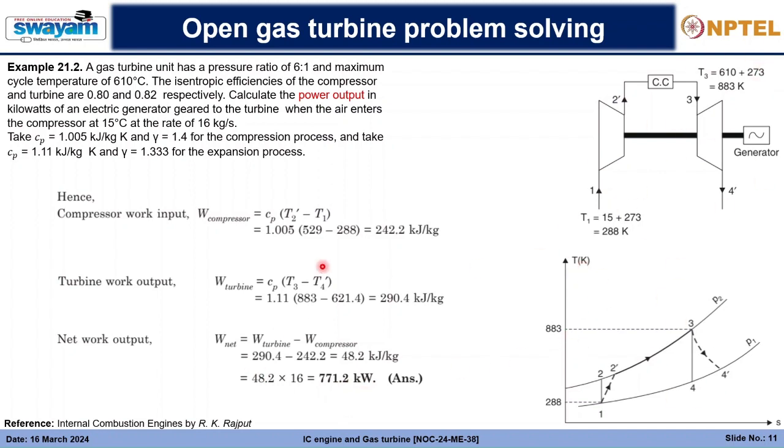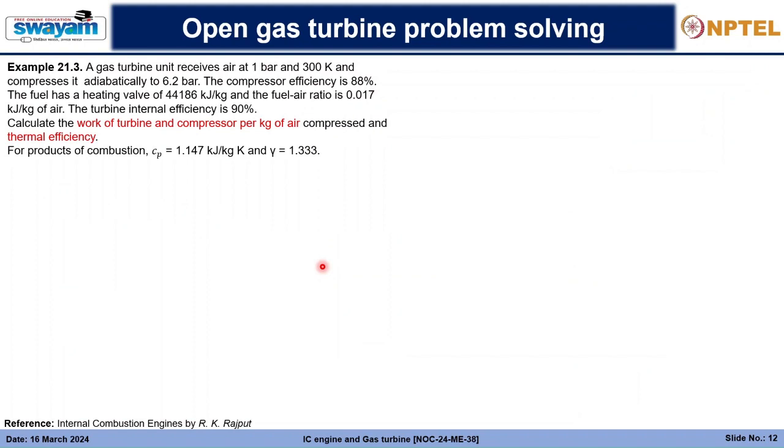by this gas turbine. Next is the next problem, where it is stated that a gas turbine unit receives air at 1 bar and 300 Kelvin and compresses it adiabatically to 6.2 bar. The compressor efficiency is 88%. The fuel has a heating value of 44186 kilojoule per kg and the fuel air ratio is 0.017 kg per kg of air.